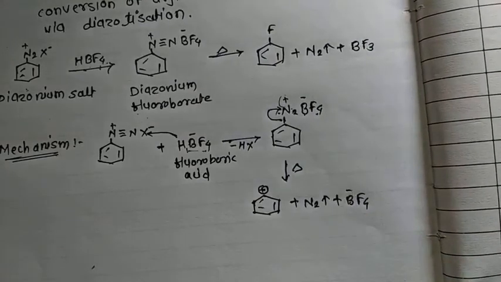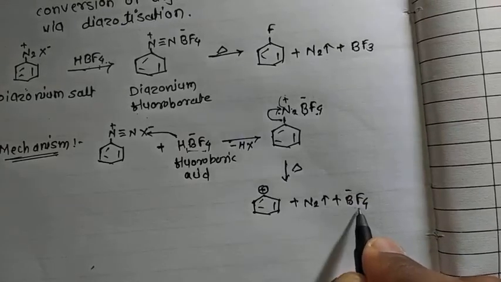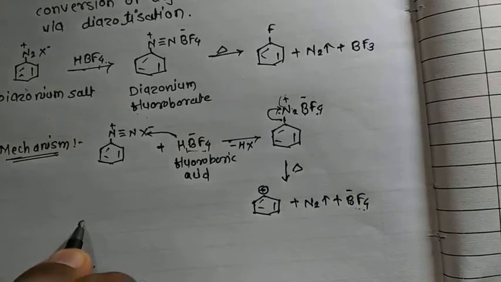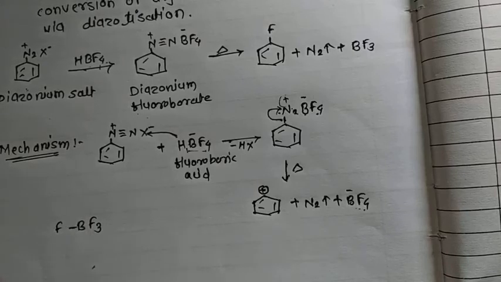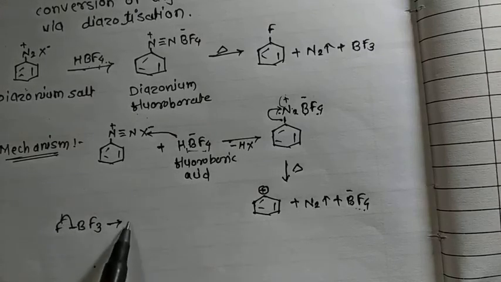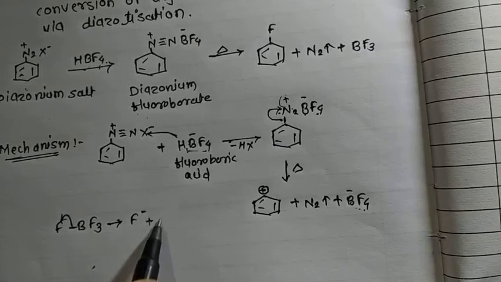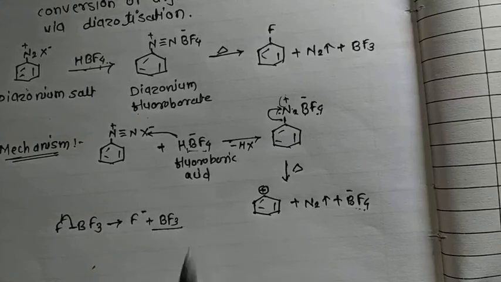Okay, in the next step, this BF4 I write here as BF3 and F. This BF4 removes the F minus ion and is converted into a neutral molecule, boron trifluoride.